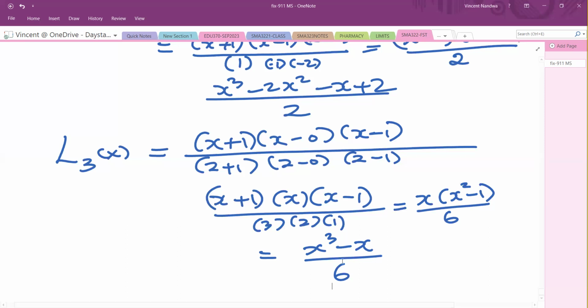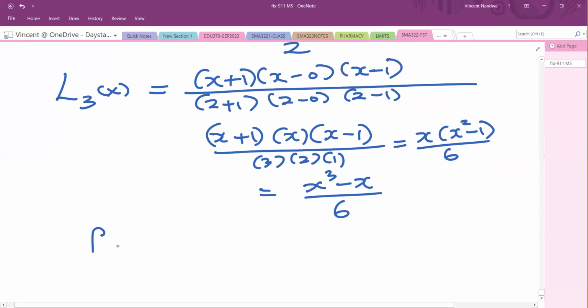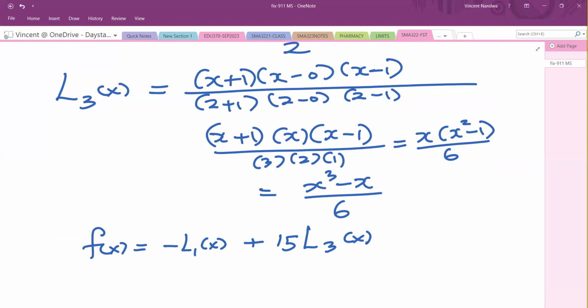So therefore now, f of x, which was minus L1 of x plus 15 L3 of x. Yeah, that's what the polynomial reduced to after replacing the fi values in the formula.